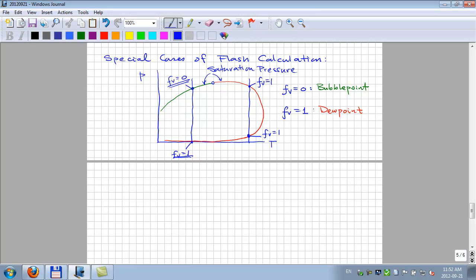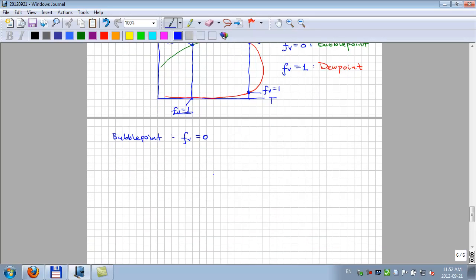So let's just look and see if we want to solve for the bubble point to begin with. F of V of 0. Then what we can solve for is using the same set of equations. We'll find that what you want is that you want the sum of YI to equal 1. That's your equation.